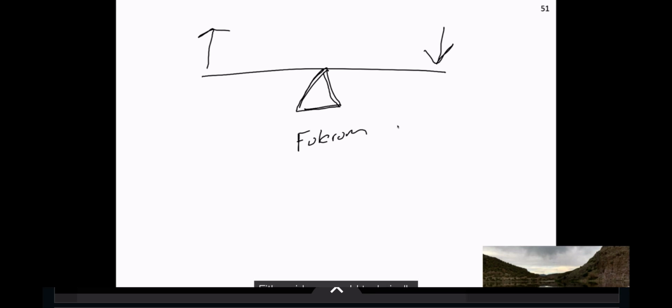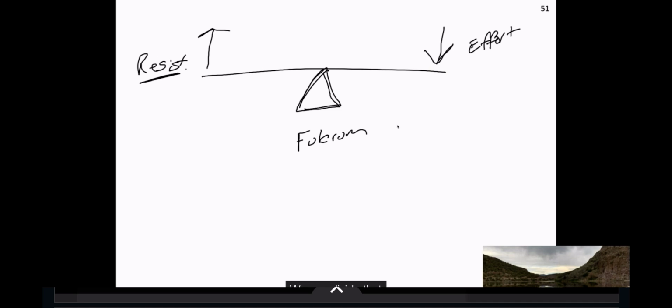And either side, we could technically name either way here, but I'm just going to call one side effort and the other side resistance. The next part of a lever, all of this is considered the lever arm, like the bench, right? The bar. All of this is considered a lever arm.